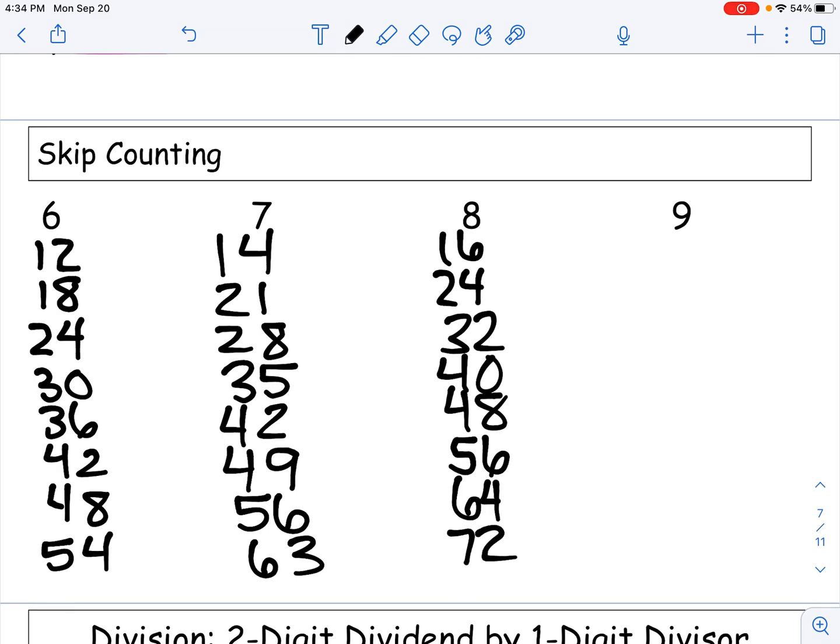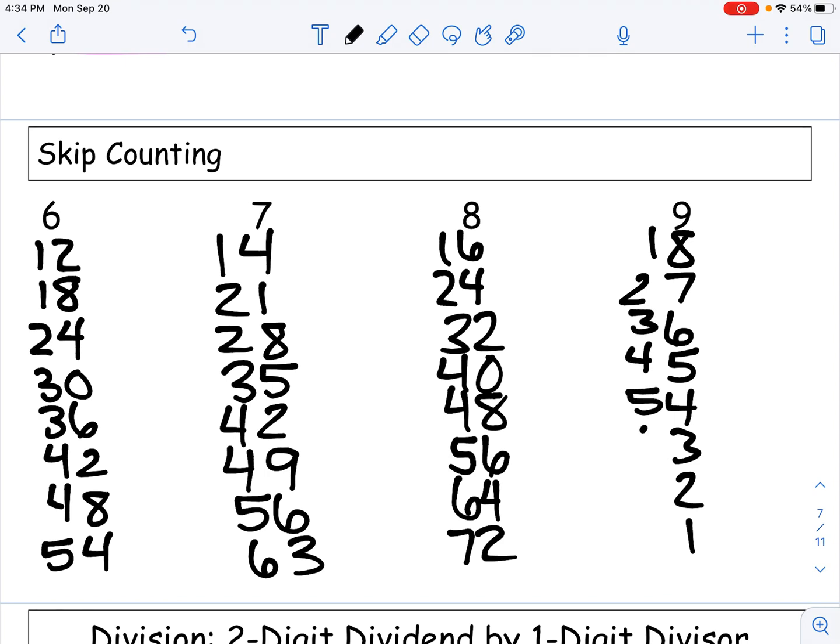And then don't forget the trick for the 9s. We count down 9, 8, 7, 6, 5, 4, 3, 2, 1. And then we're going to count 1, 2, 3, 4, 5, 6, 7, 8. So there is all my skip counting.